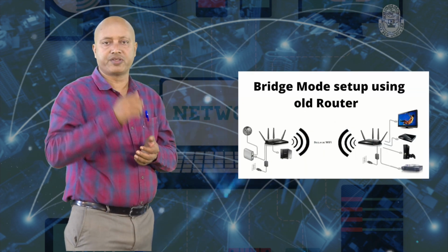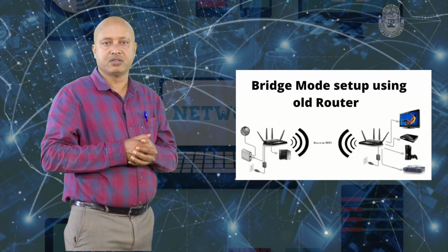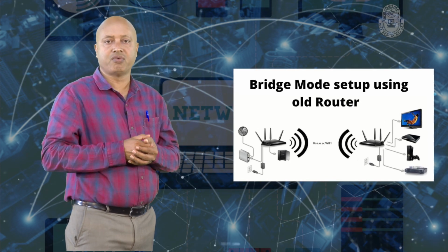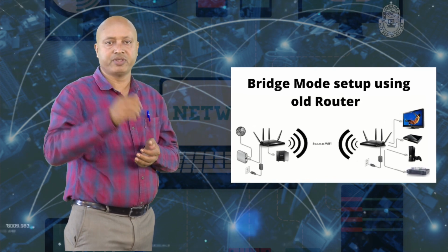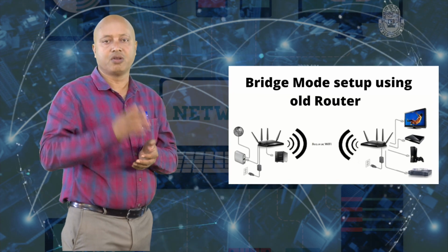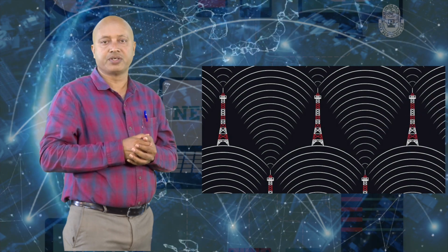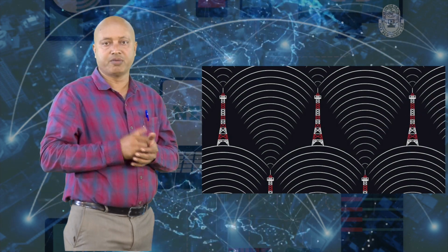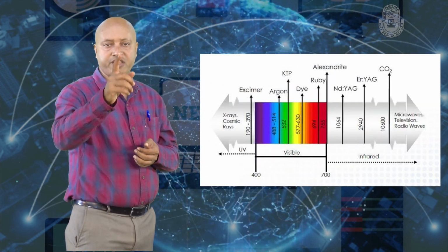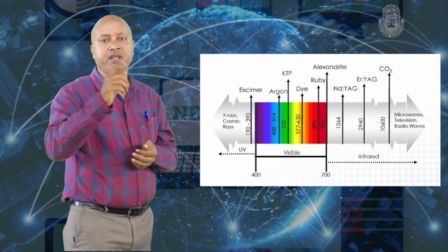What does wireless bridge mean? A wireless bridge is a type of networking device that enables an over-the-air connection between two different segments of a local area network. Wireless bridges use radio signals in the microwave or laser spectrum to provide fixed wireless access.